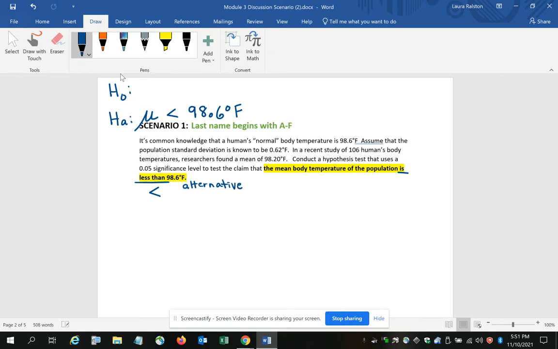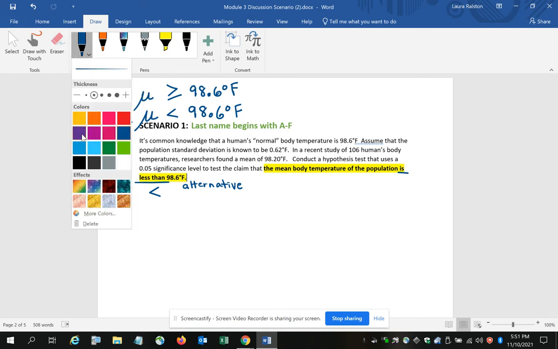I know that the null and the alternative are exact opposites, and that the null must always and forever contain equal in some form. So I would have the mean is greater than or equal to 98.6 degrees Fahrenheit. And there are my hypotheses. So that is step 1. I have stated my hypotheses.